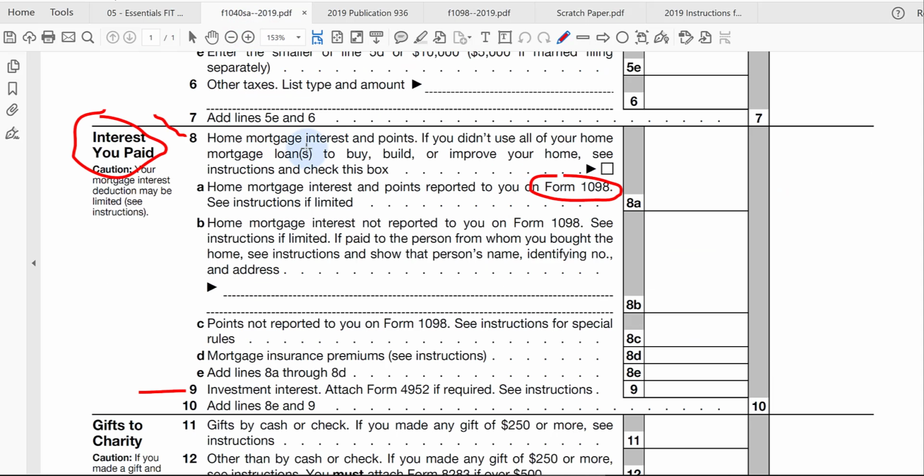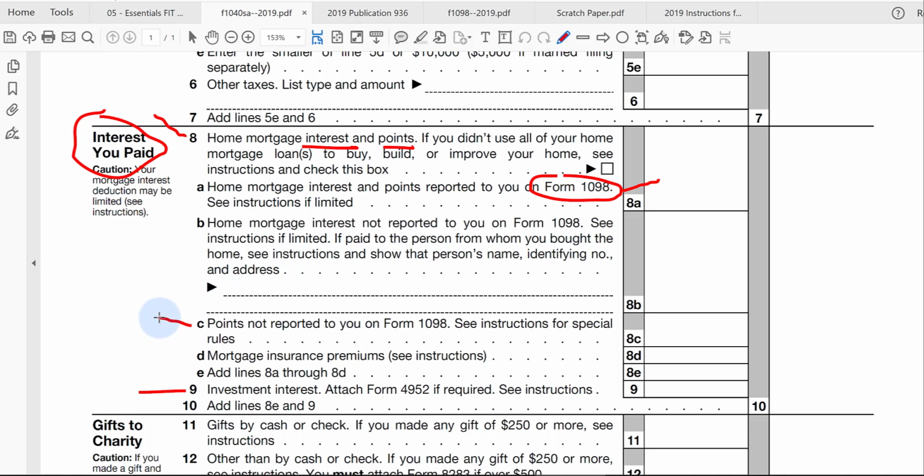So in the case of the home mortgage interest, that's the interest paid during the year, and also something called points. Points is extra prepaid interest paid up front when you borrow the money. So that should probably be included on the 1098 form. If it's not included on the 1098 form, then you would report it down here in line 8C.